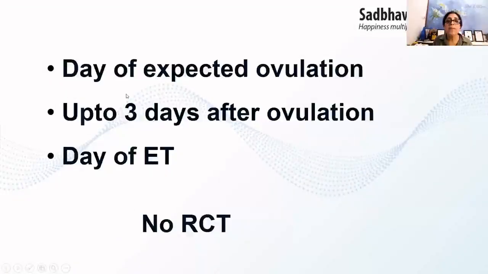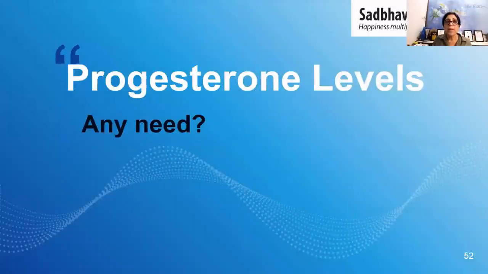Or we may start it up to 3 days after ovulation or even on the day of ET, as is reported in the literature. There are no RCTs regarding the different time points. But one has to keep the physiology and the endocrinology in mind: if I'm going to start it from luteal day 1, this is what I have in mind, or if I'm going to start it later. You have to decide what works best in your practice.